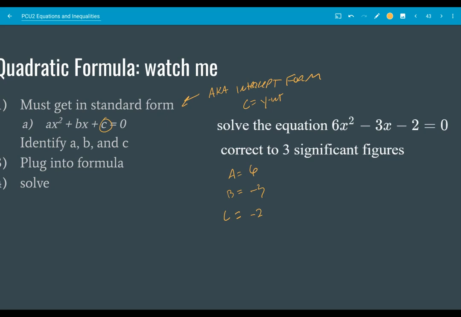And then we simply plug it into the formula. So it is -3 plus or minus square root -3 squared minus 4 times 6 times -2 all over 2 times 6.